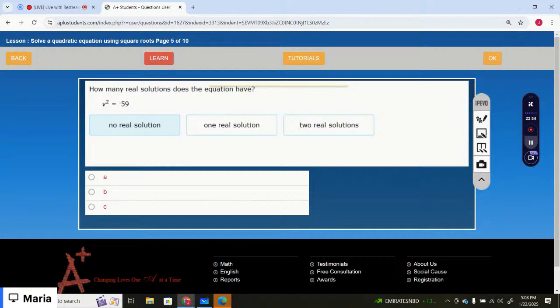How many real solutions does the equation have v square equals negative 59? So which is the correct option? Option number A is the correct option, no real solution.